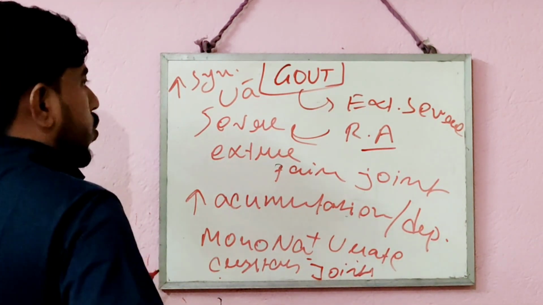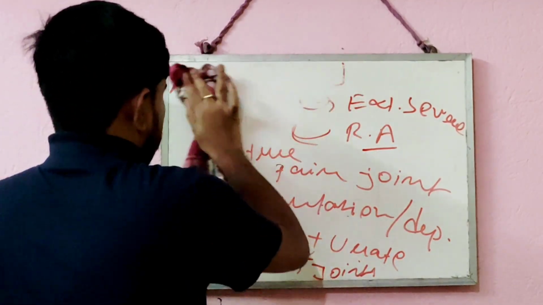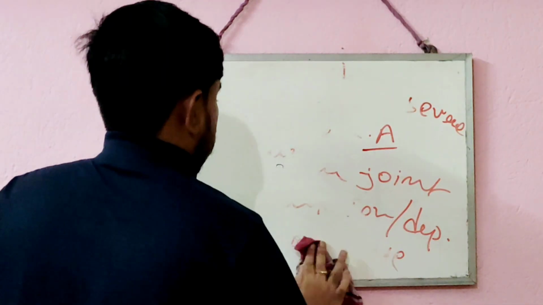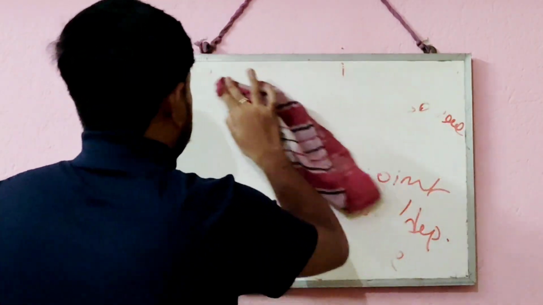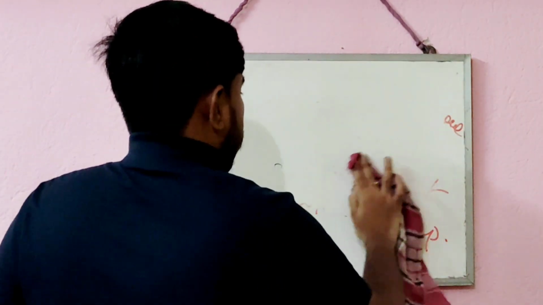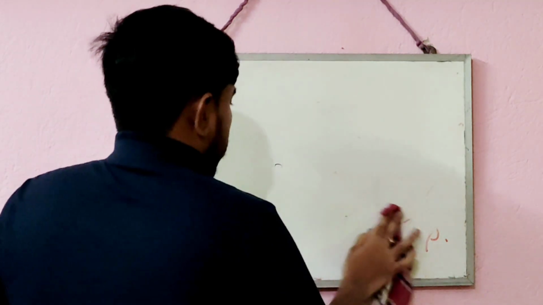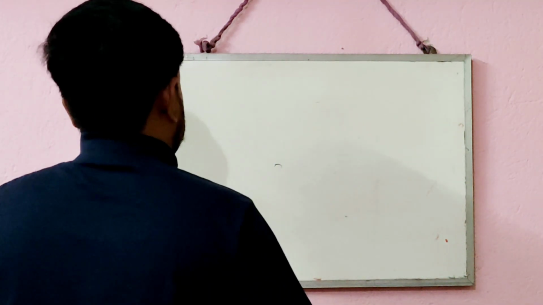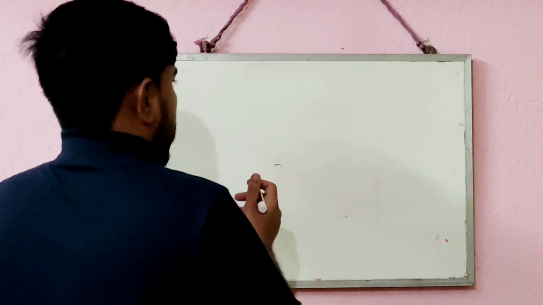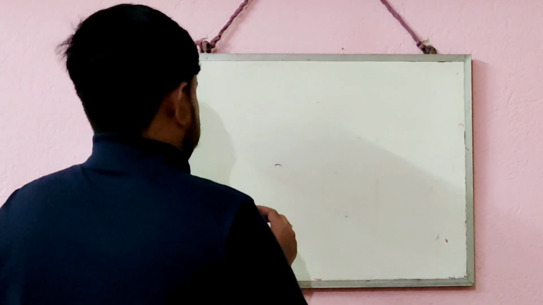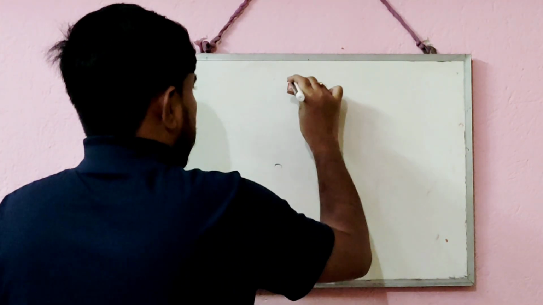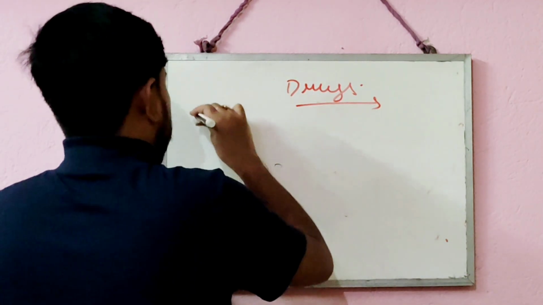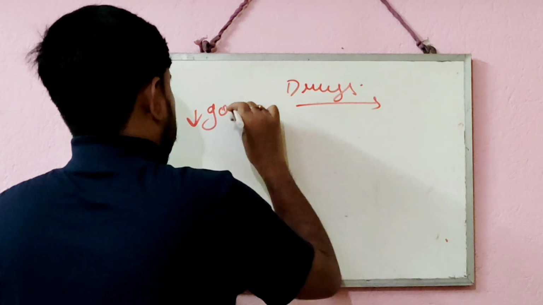That is called GOUT, or extreme arthritis, or severe rheumatoid arthritis. So that was the simple introduction about GOUT. It is a very important 2 mark question for competitive exams as well as semester exams when it comes to pharmacology questions. Now we'll discuss some drugs that can be used to treat GOUT.